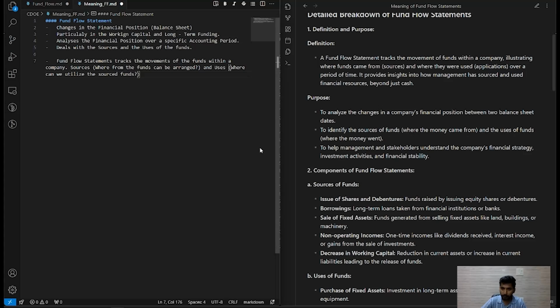Fund flow is a broader concept than the cash flow, since it identifies all the domains and covers a vast area.